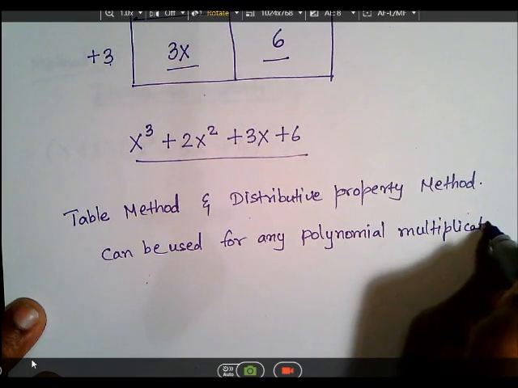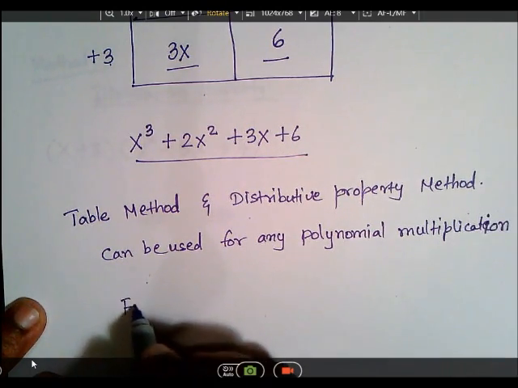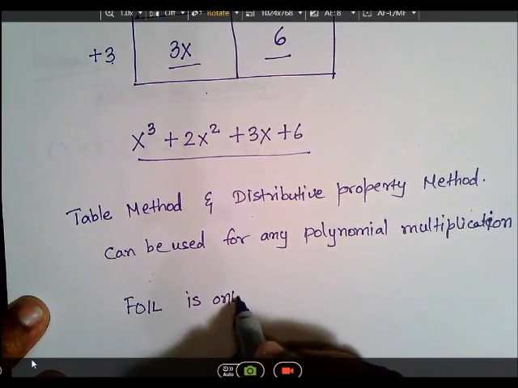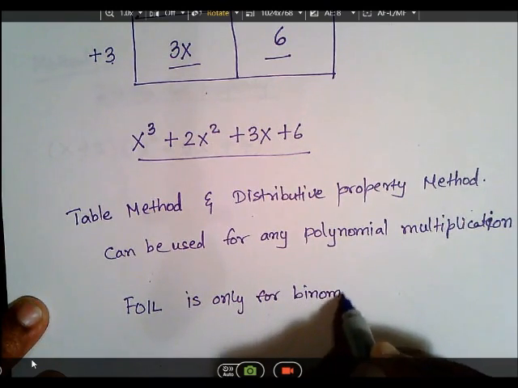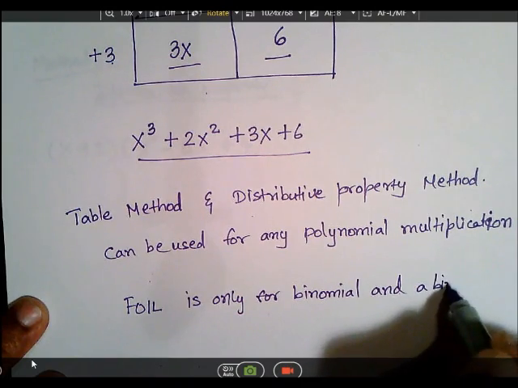But the FOIL method is only for a binomial and a binomial multiplication.